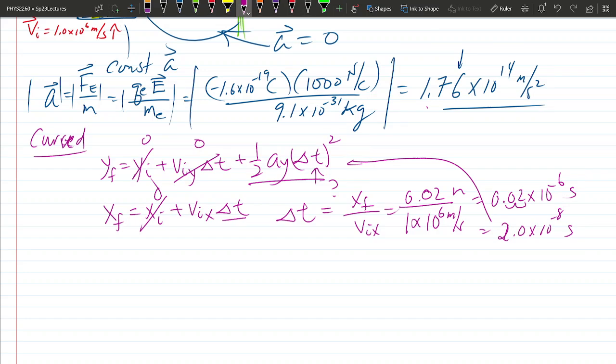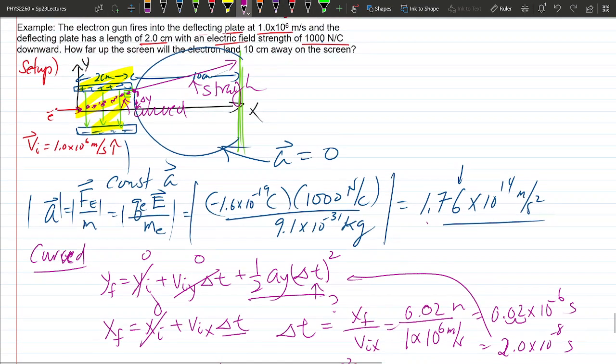Y final is actually going to be 3.52 times 10 to the negative 2 meters. So by the time it exits the deflecting plate, it's going to move up about 3.5 centimeters.